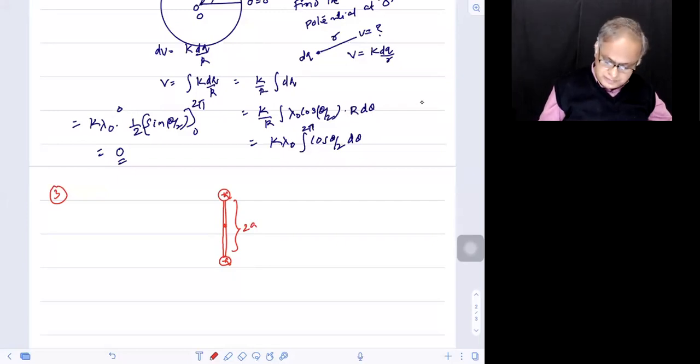Now we have another sphere of charge Q fixed here at A, for example. The system is released from the situation as shown in the figure.